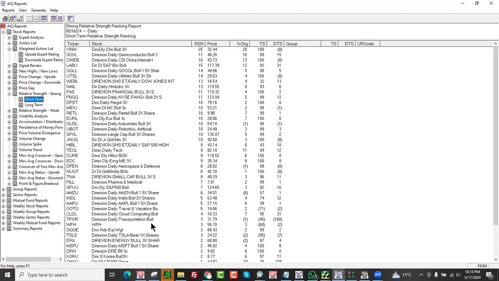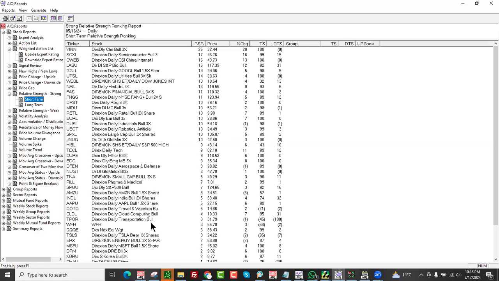It's not surprising because the 3 times ETFs tend to move very, very quickly. Remember, they're moving 3 times as fast as the underlying ticker or market that they're attempting to match. So with families like this, the volatility, the fact that they move so fast, means that a relative strength rotational strategy might be something you want to think twice about.